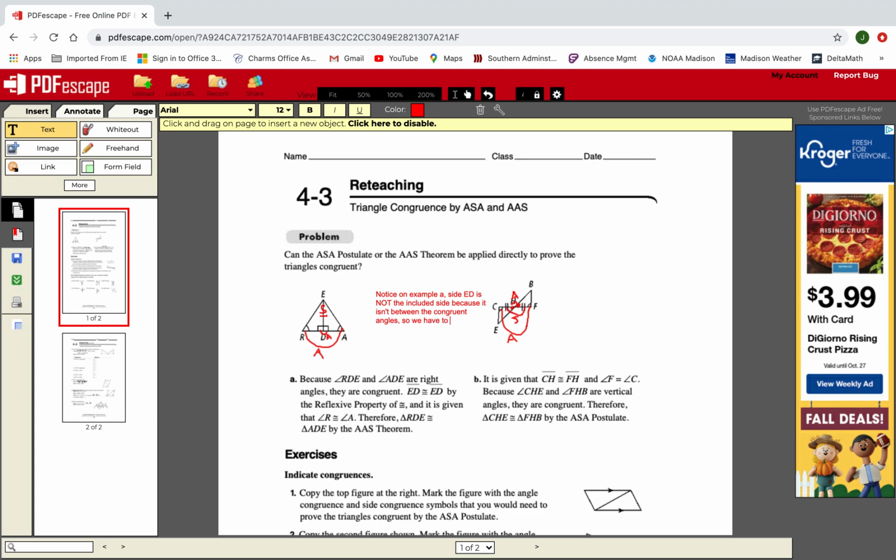So we have to use AAS, where the S is not between the A's.